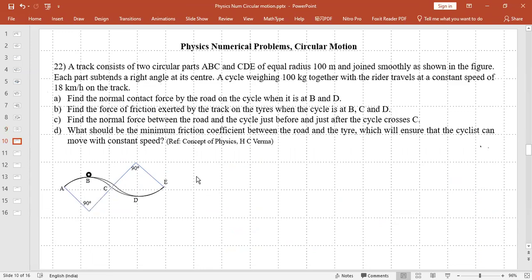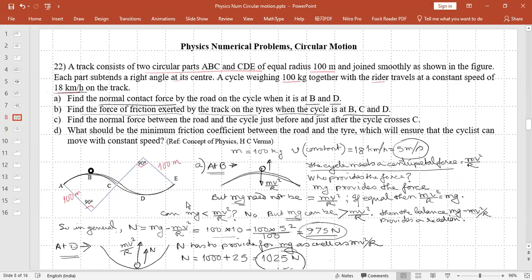Here I will draw your attention to the first page, where we have found that the reaction is mg minus mv square by r. Can you find this?